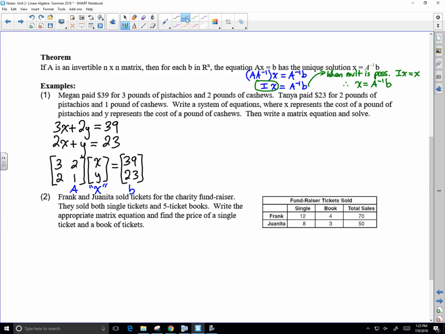So I need the inverse of A. So I'll do a quick negative 2/3 R1 plus R2.